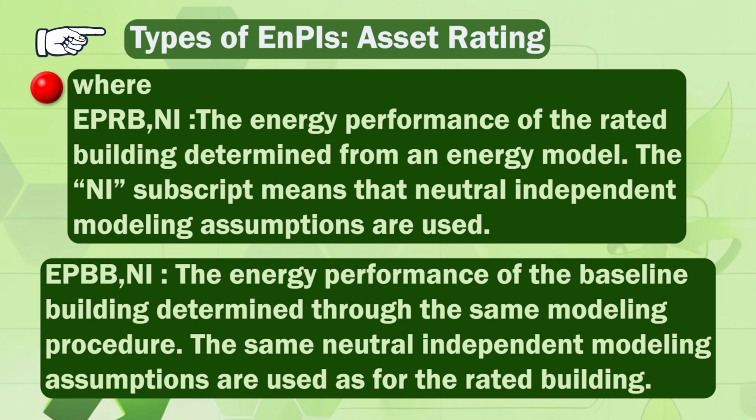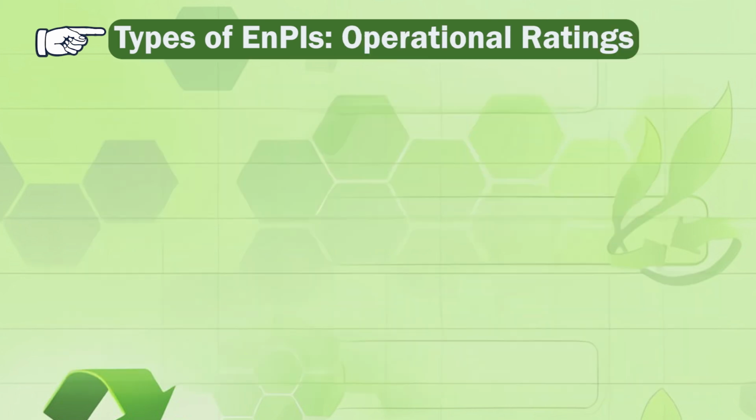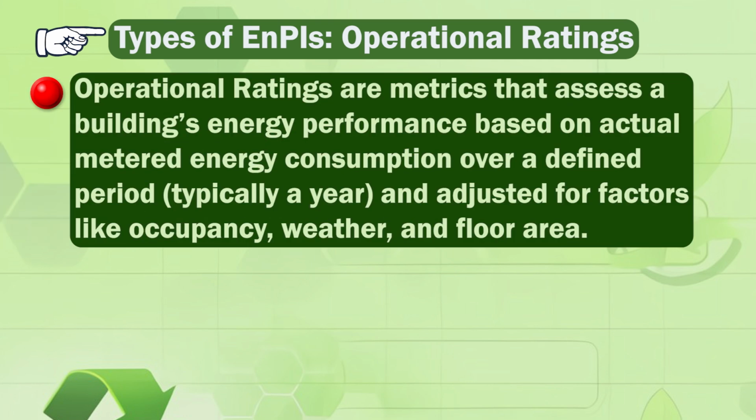The same neutral independent modeling assumptions are used as for the rated building. Second is operational rating. Operational ratings are metrics that assess buildings' energy performance based on actual meter energy consumption over a defined period, typically about a year, and adjusted for factors like occupancy, weather and floor area.